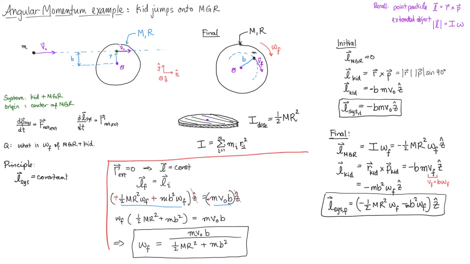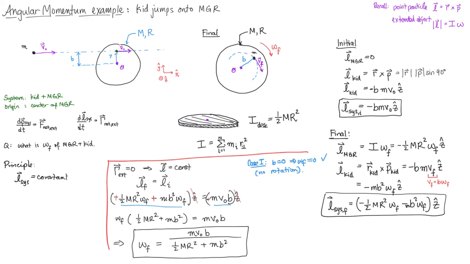Is that sensible? Absolutely. If the kid lands on that line, the merry-go-round won't rotate. So you could say case 1, if b is 0, we find omega final is 0. That checks out, no rotation, if you're running on that line through the origin.